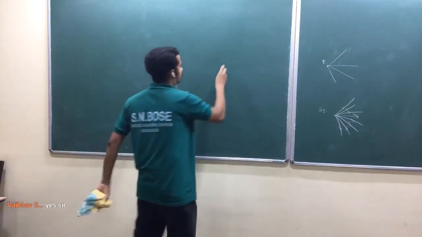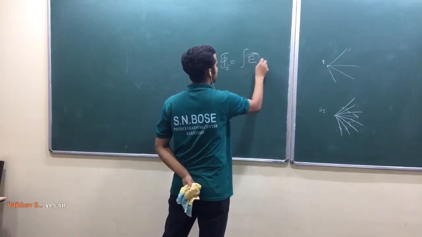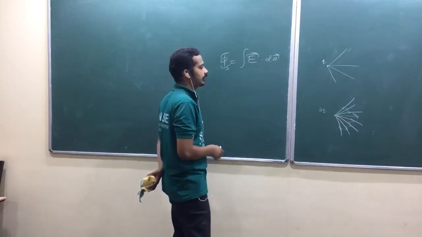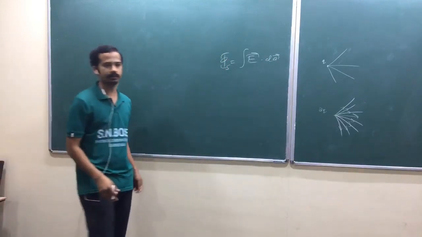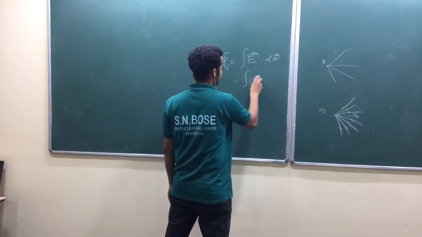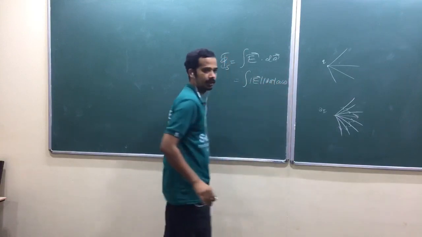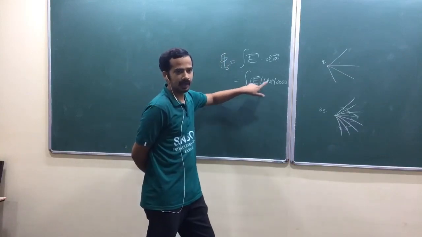So whenever you have a flux through some surface, you better write E dot dA. Suppose the E vector and dA vector have the same angle. The angle between the E vector and dA vector is the same. Then I can write this as E times mod dA cos of the angle. Am I right? Suppose throughout the surface, the electric field is the same and the angle between them is the same.